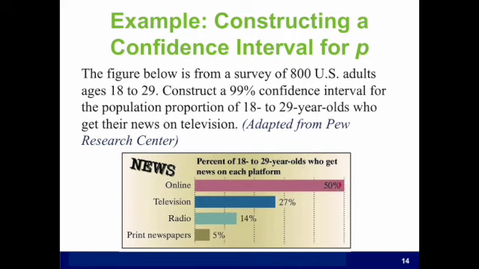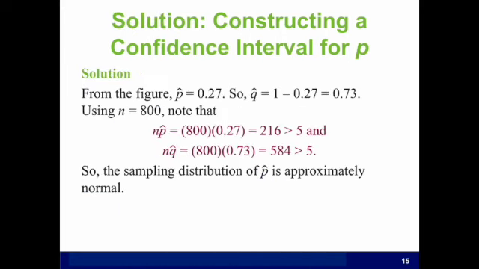We know that 50% of that population get the news from radio and 5% from newspapers. So this will be 27%, our point estimate of the population proportion. P hat is 0.27, Q hat is 0.73, and N is 800.